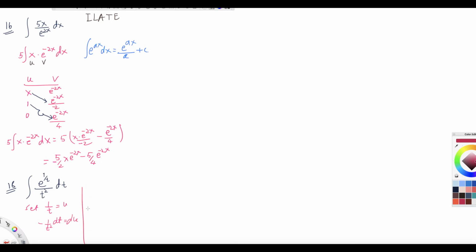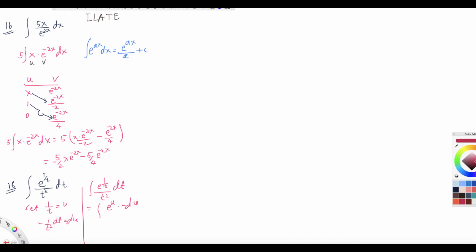So what do you get then? The integral of e to the 1 over t dt over t square can be written as the integral of e to the u times negative du. Why?